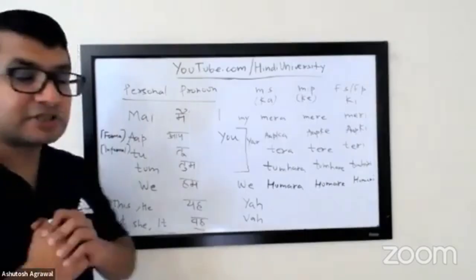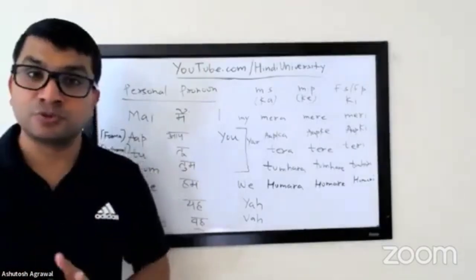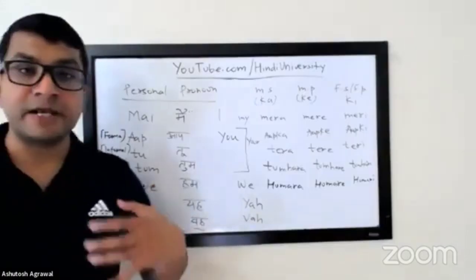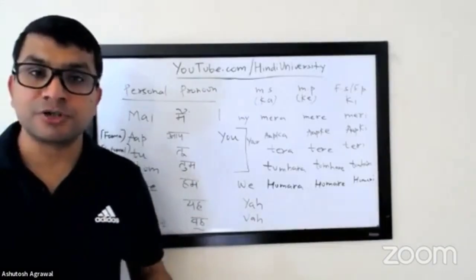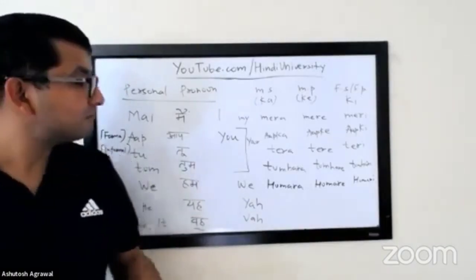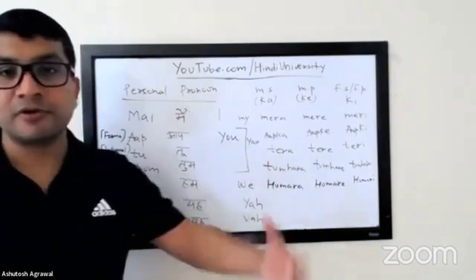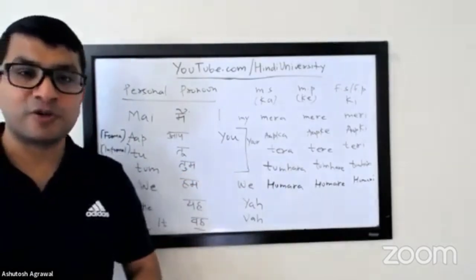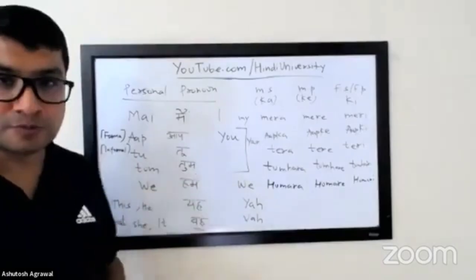For example, I refer to my very close friend as tu. Tum is semi-formal. You met someone, you have some relationship, but it's not like your parent or elder, whom you have to refer to as aap. It's a close friend, but you can still refer to them as tum.